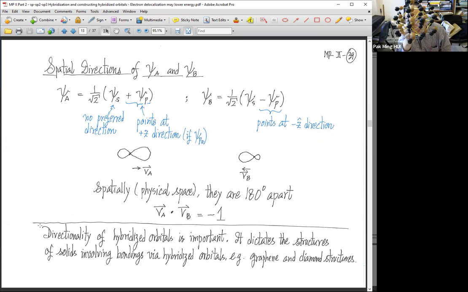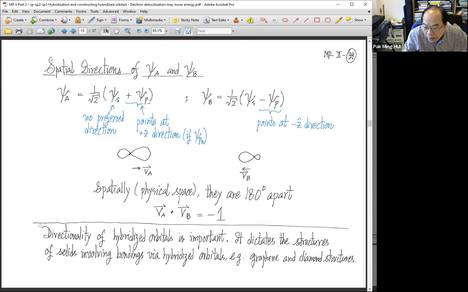This is the silicon structure. This is the sp3 hybridization result. Although the directionality is local, it will spread into a global structure like this one, called FCC, face-centered cubic.